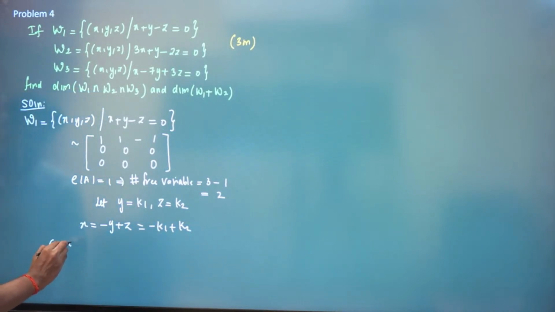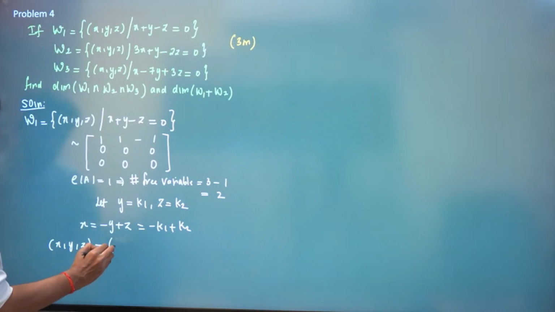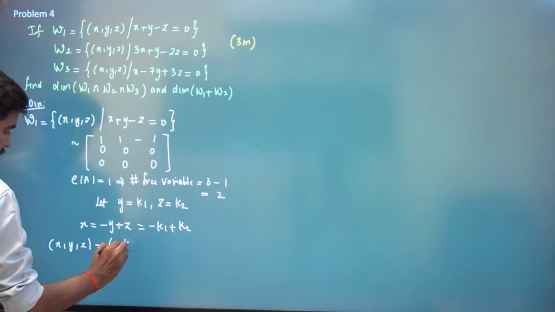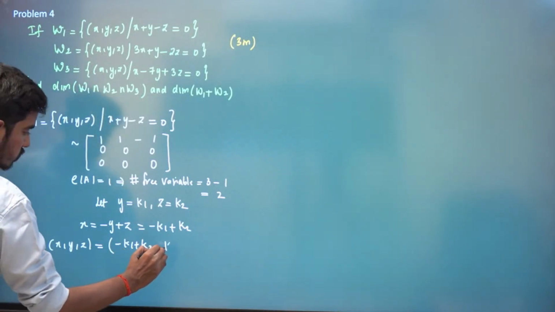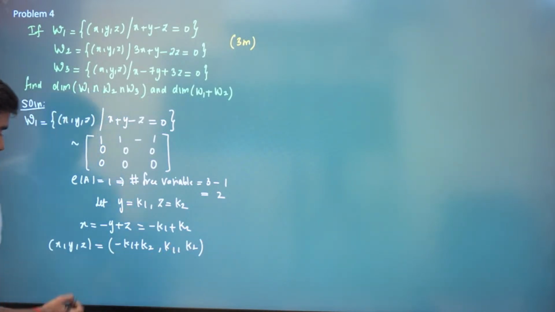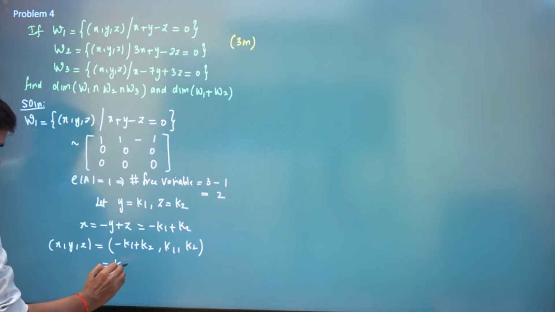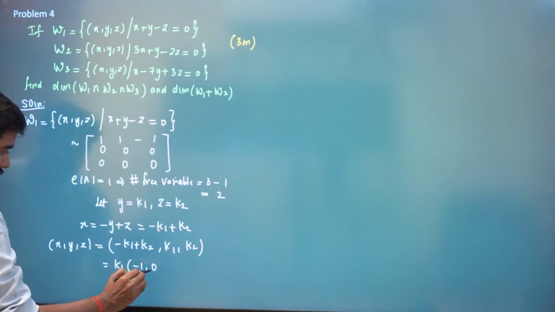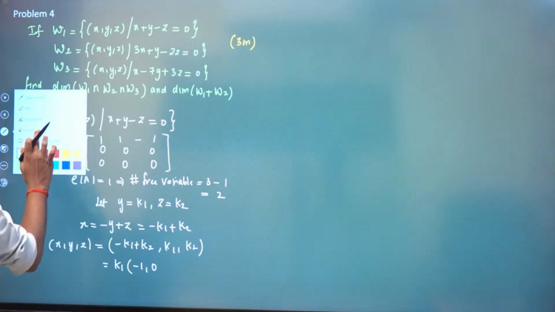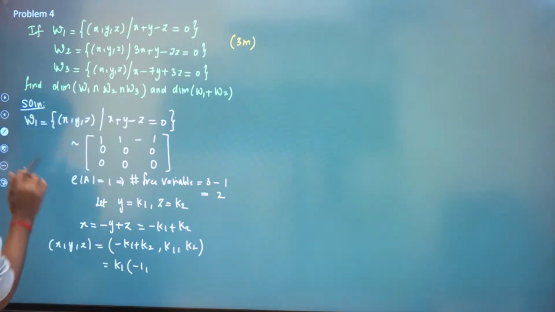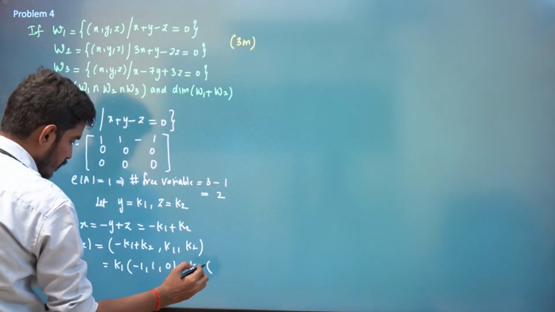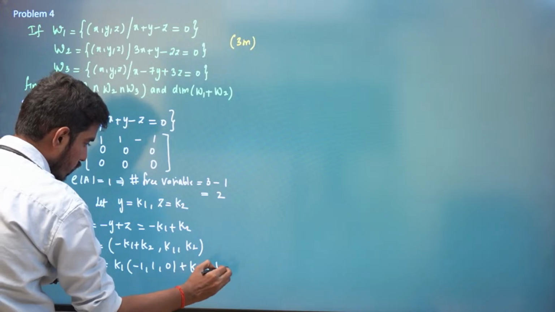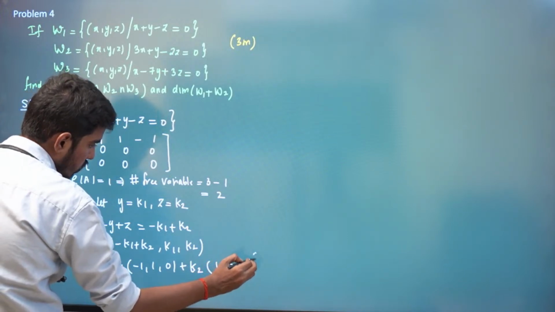So therefore this solution set is given by x is minus k1 plus k2, y is k1, z is k2. So you can see this solution set is spanned by k1 times minus 1, 1, 0 plus k2 times 1, 0, 1, right?